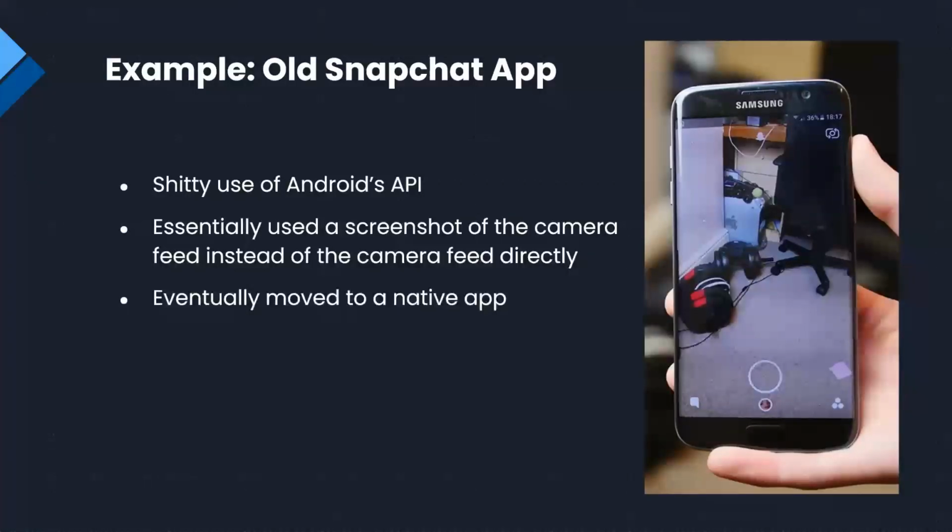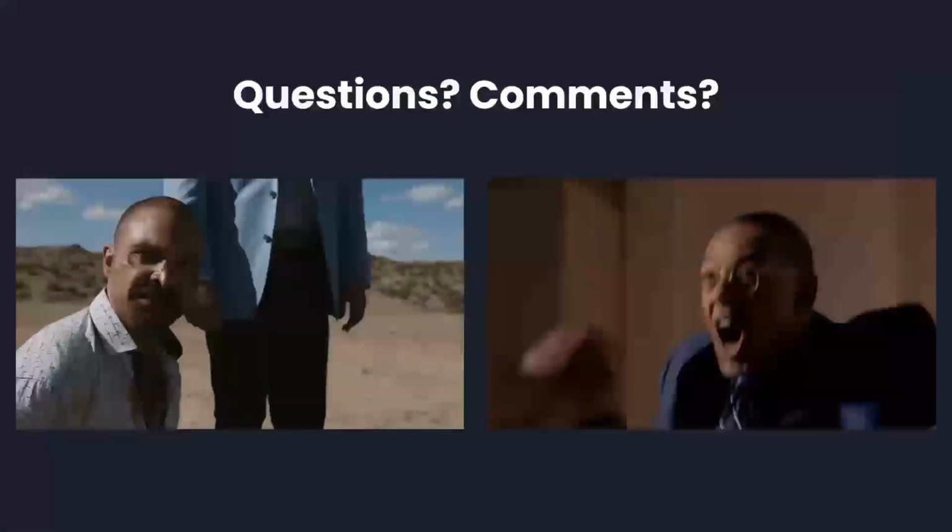Instead of using the actual camera feed, it would use a screenshot of what is on your screen, so Android users would always be sending blurry pictures to their friends. I think that single-handedly created the negative idea that Android phones have really bad cameras. But eventually Snapchat did move to a native app for Android and it's a lot better. It makes better use of the SDK.